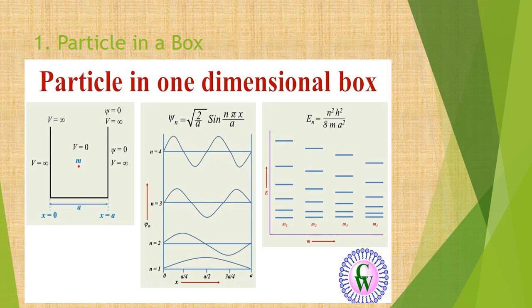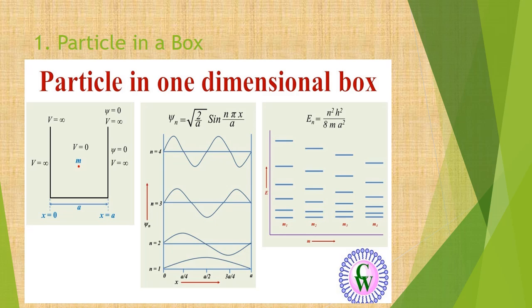The potential energy V of the particle is infinite on both sides of the box. The potential energy V of the particle can be assumed to be 0 between x equal to 0 and x equal to L. By using the Schrodinger's time independent equation, we can get the energy value or eigenvalue En equal to n square h square divided by 8m L square.